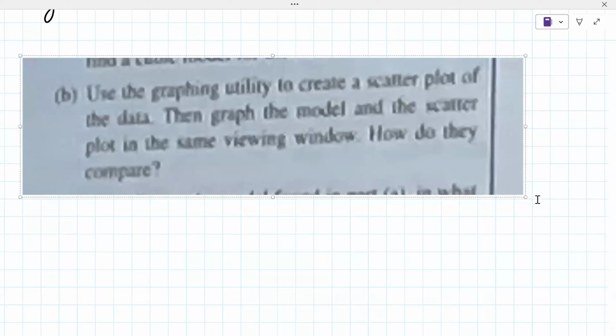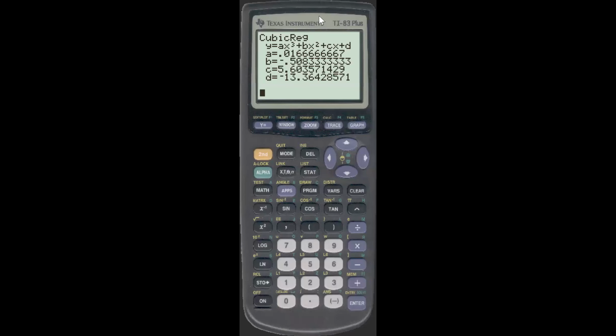Okay. And did you guys talk about this at all in class today? Yeah. Okay. So we're going to go back to the calculator. Okay. And let's see here. So to do this, we're going to go to second stat plot, which is different.